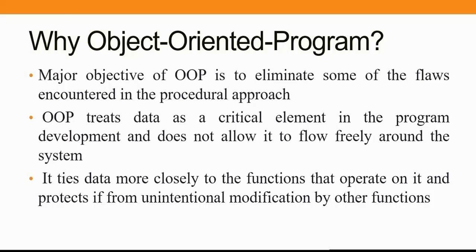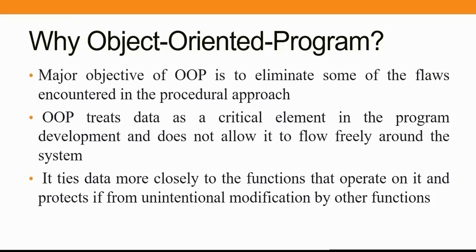So even though that data is there in the program, in some cases you need to protect that data from unauthorized access. In that case we can use object oriented programming to protect that data from flowing freely throughout the program, right? That is the reason why object oriented programming was introduced.